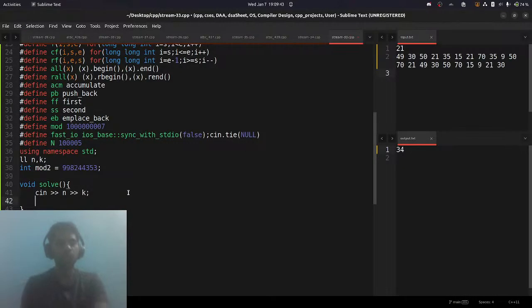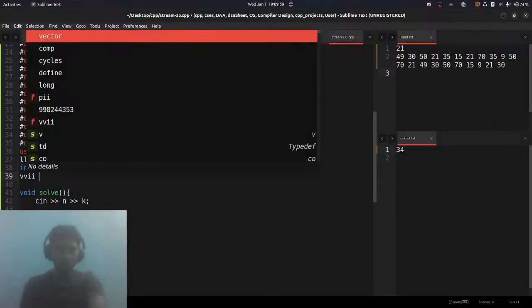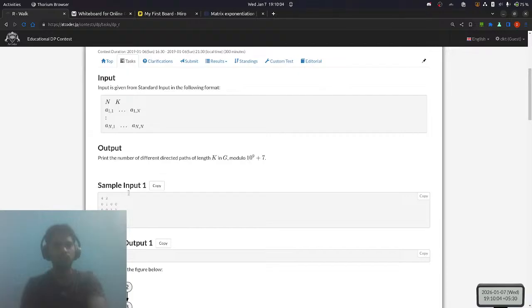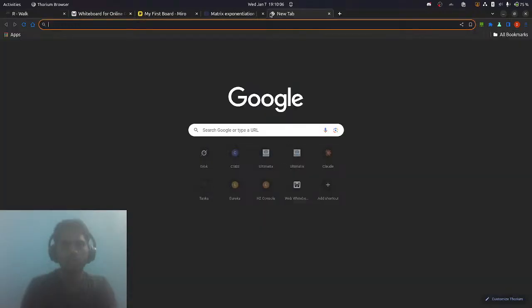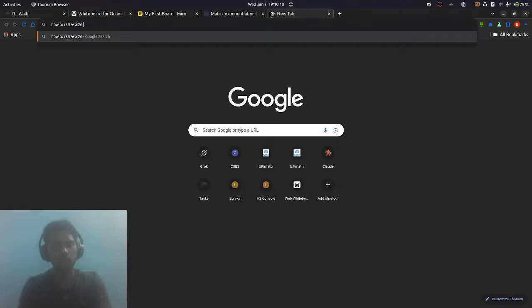So we will have this adjacency matrix. I don't know how to resize a 2D matrix or vector in C++.